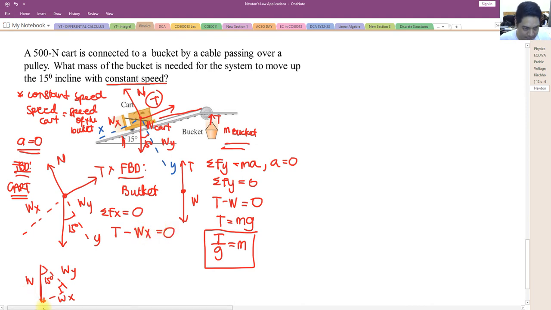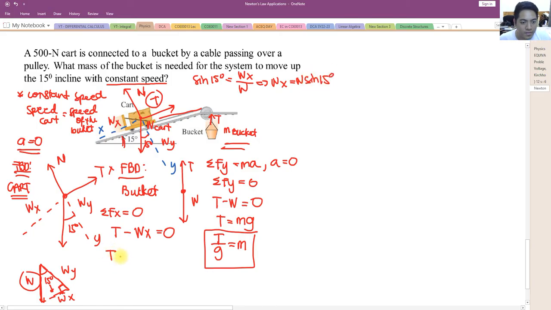And what is Wx? Based on this triangle, it is sine of 15. If you get the sine of 15 degrees, that would be the opposite, which is Wx, over the hypotenuse, which is the W. So Wx equals W sine 15 degrees.